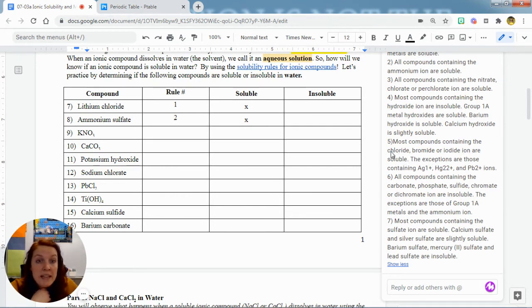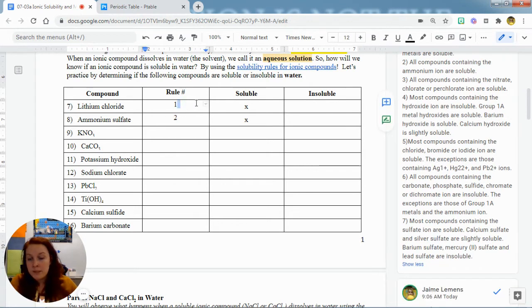Okay, I do have chloride here, lithium chloride. So not only does rule number 1 tell us that this is soluble, but rule number 5 also tells us that this is soluble. So we would put an X in soluble and not in insoluble.